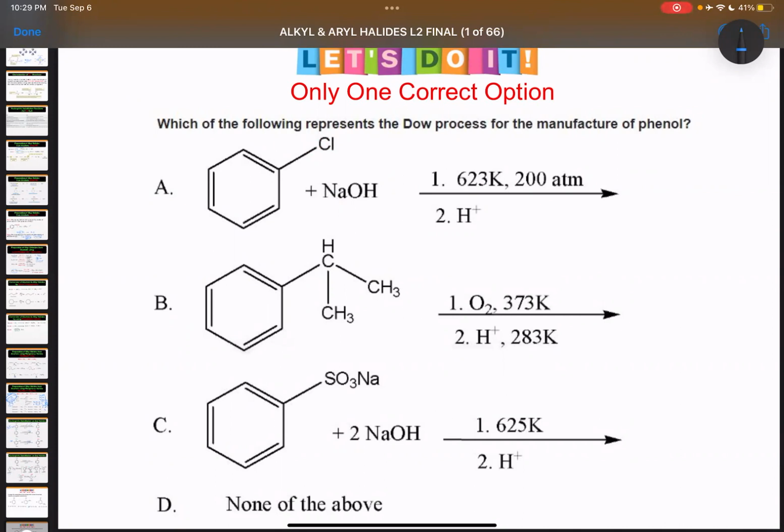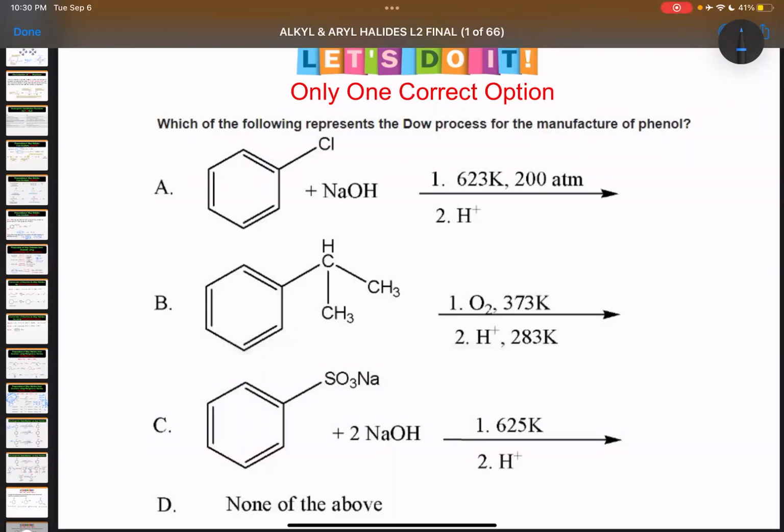So this is preparation of phenol. You know that all of these are methods for the preparation of phenol. So which one is Dow's process? Sir, C. No, C is not Dow's process.